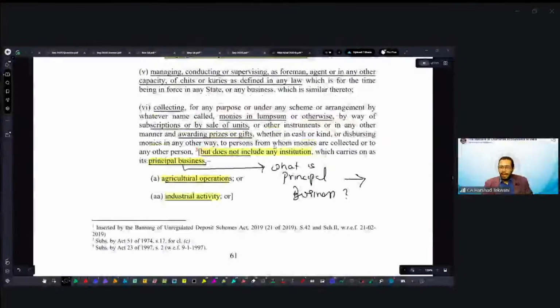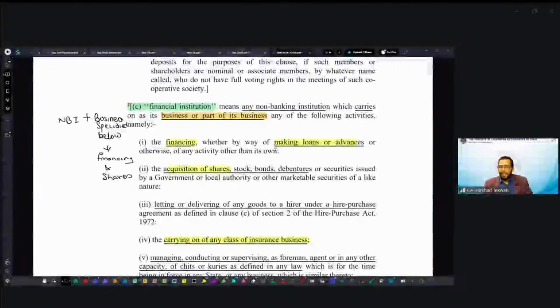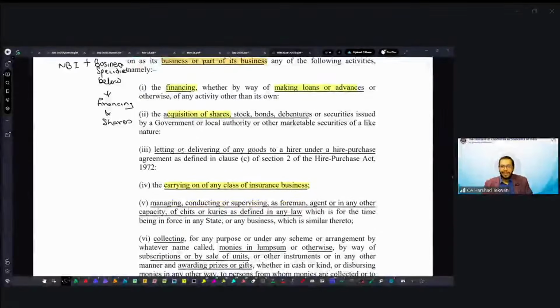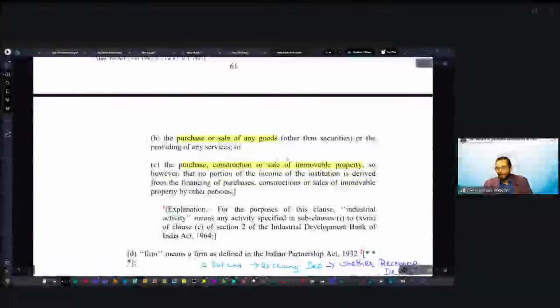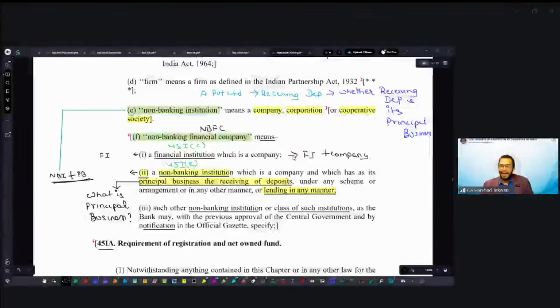FI means an NBI, any NBI. But if you see the definition of NBFC, it says FI, which is a company. So even though I say NBI, I have to restrict it to a company. It's a bit of redundancy over there, but yes, it's there.